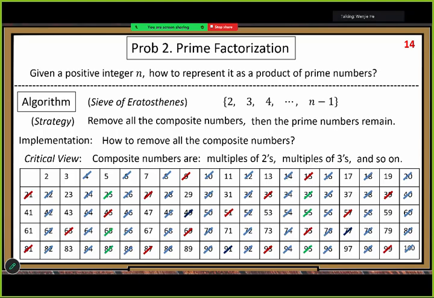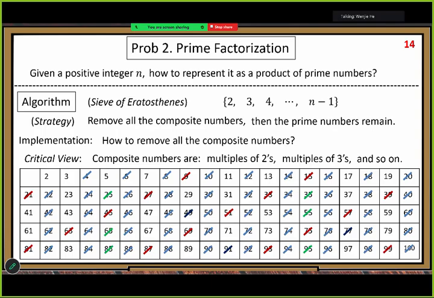After 4 rounds, you can stop. Here, to find the primes within 100, I use the example within 100. You only need to do 4 rounds of crossing out. Four rounds is good enough.